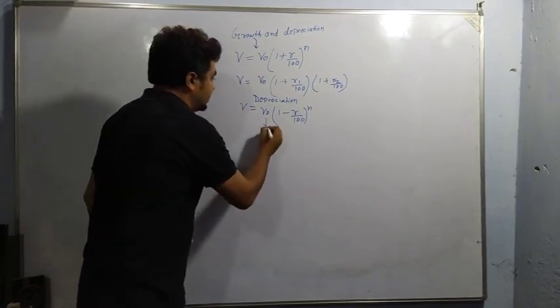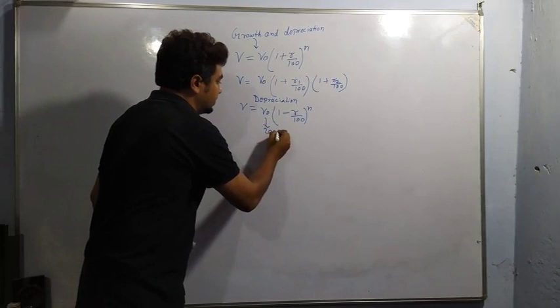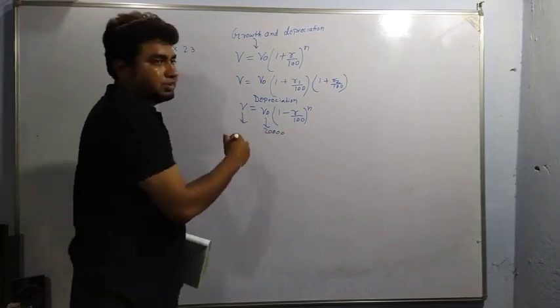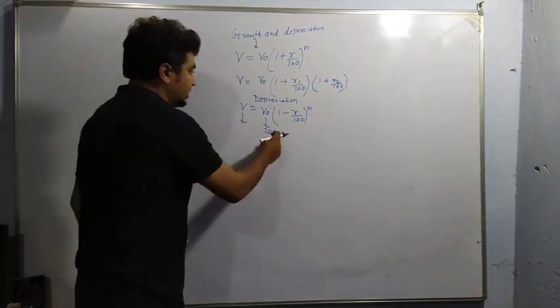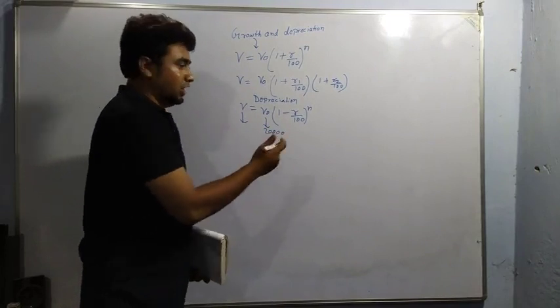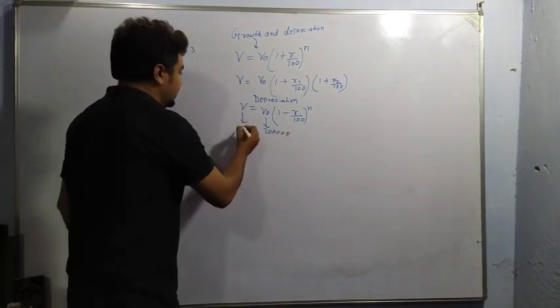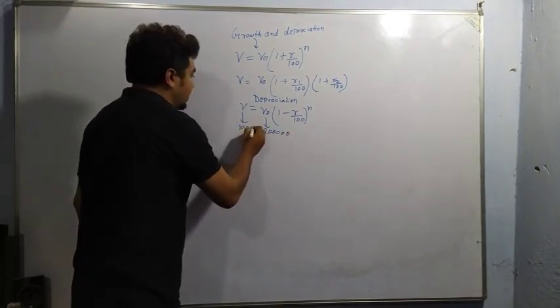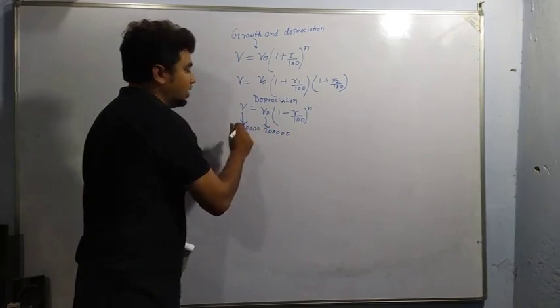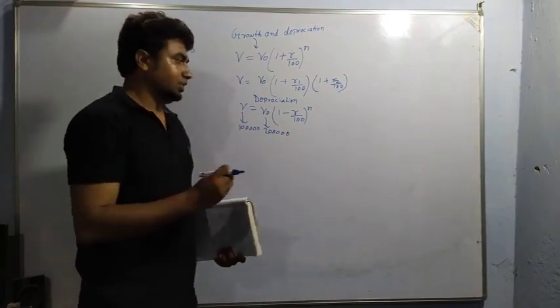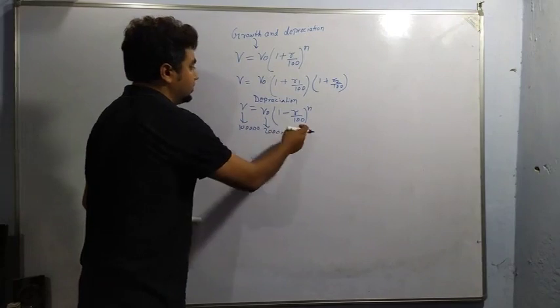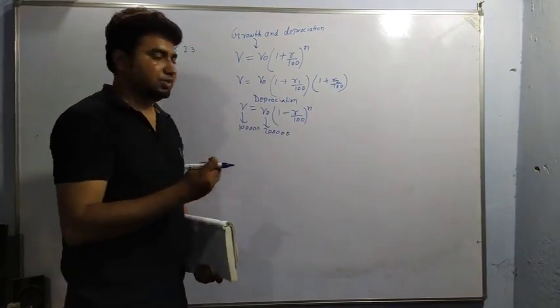If I am buying something for 20,000 rupees, you will be getting V after some years. If you are buying a car for 2 lakh rupees, the price of the car after some years will be 1 lakh if you are selling it to someone else. So this is V after some years. This is the case of depreciation.